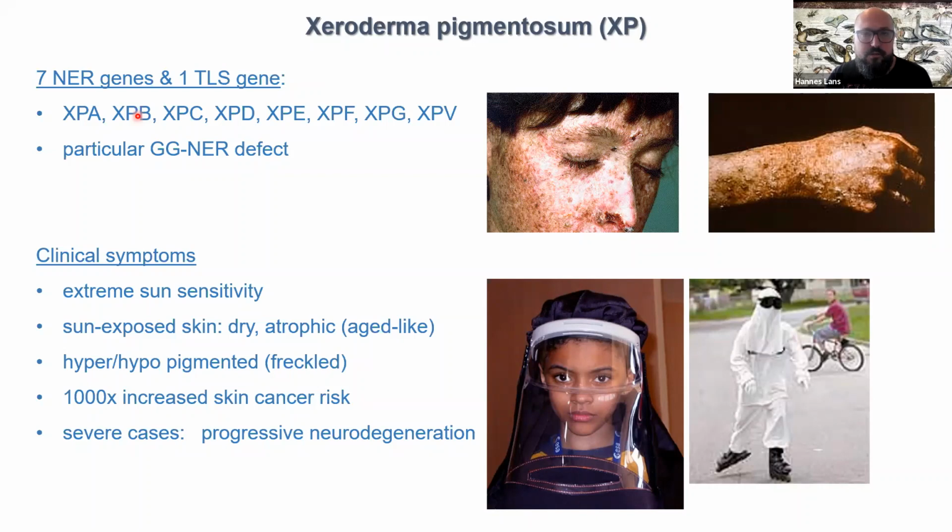The more severe patients also develop progressive neurodegeneration later in life, which means their nervous system starts to functionally decline in a progressive manner, getting worse with age.